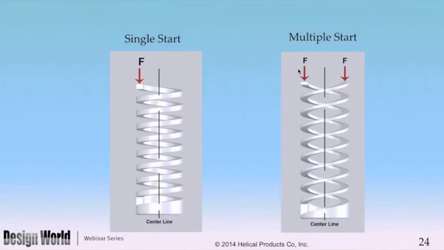A multiple started flexure, as you can see on the right, is the helical typical 2-started flexure. And the forces, again, are at the same spot on the coils, but there's 2 coils, and they're opposed from each other 180 degrees. And the moments are still there, but the moments are equal and opposite, and they net out to 0.